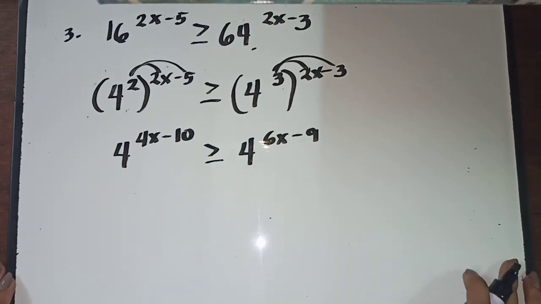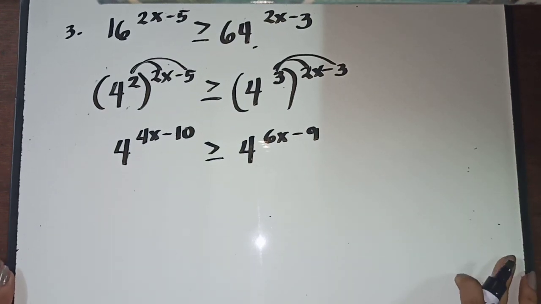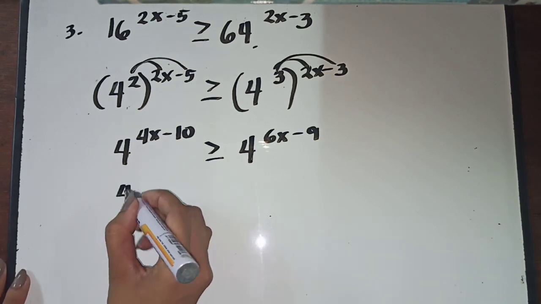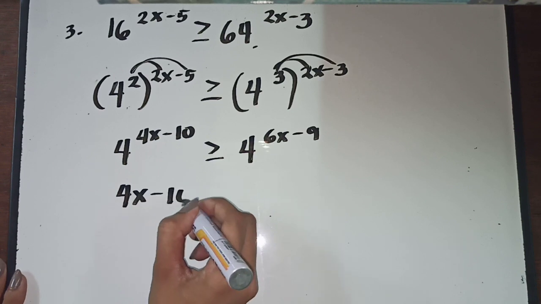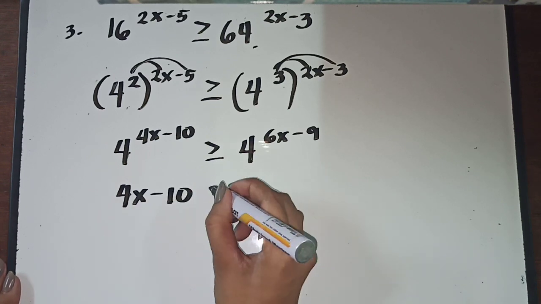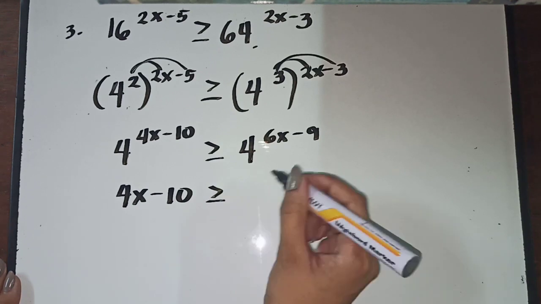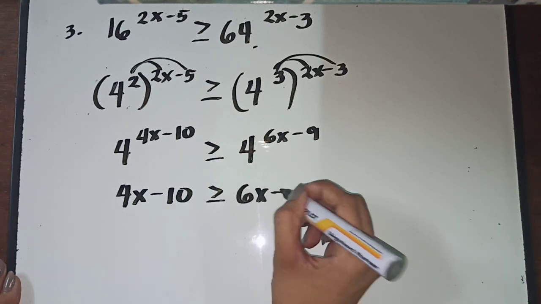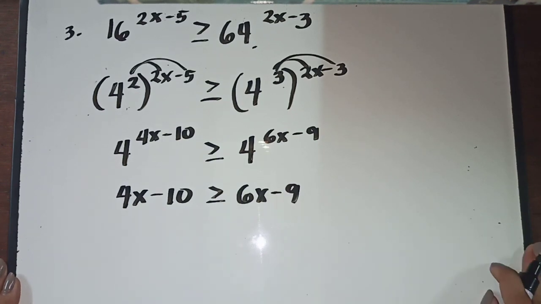Okay? So next, kapag equal na ang base, kopyahin ang exponent. Kunin natin ang exponent. Ang exponent natin is 4x minus 10. Copy the inequality, which is greater than or equal. The exponent, which is 6x minus 9. Okay, then next is solve for the value of x.